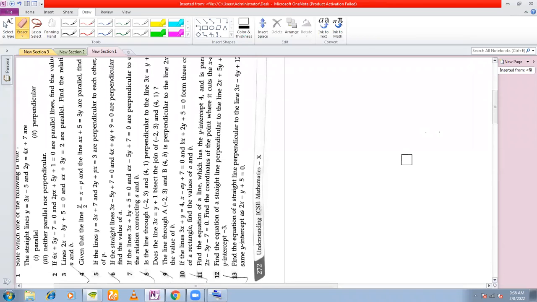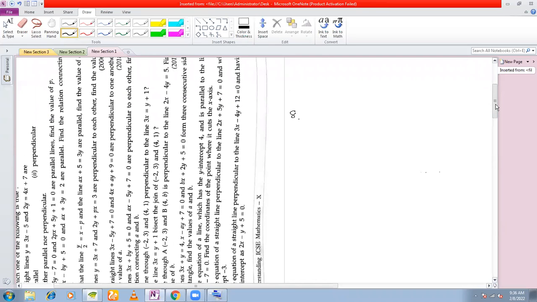The next question is number 8. According to question number 8, it is given: is the line joining minus 2, 3 and 4, 1 perpendicular to the line 3x is equal to y plus 1? Okay, let's note down the points.